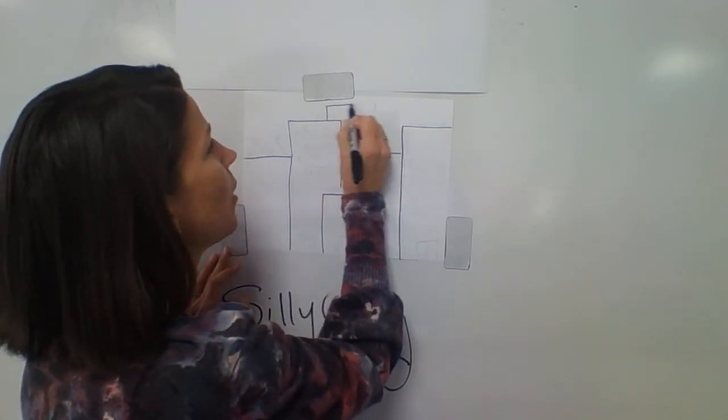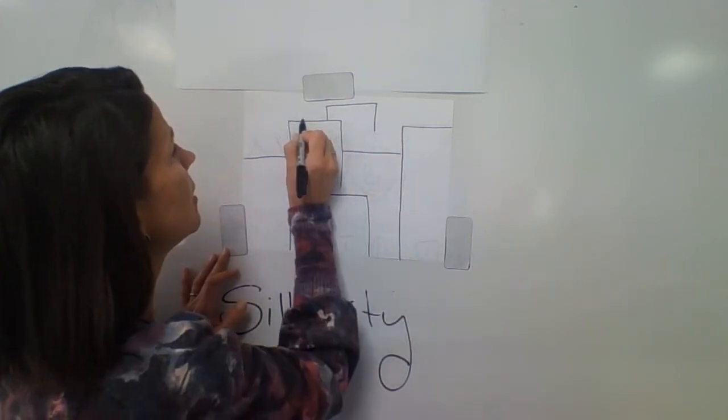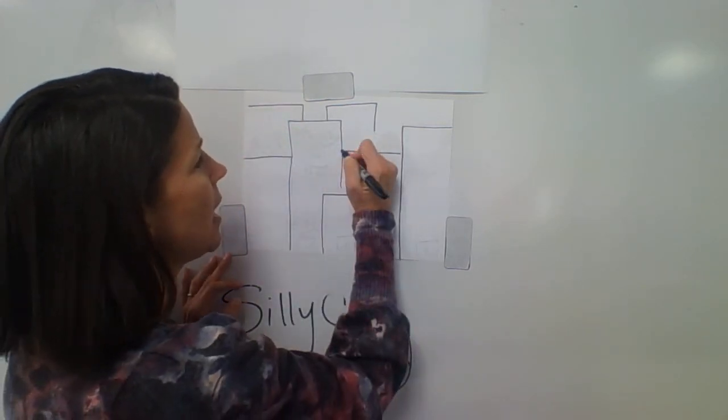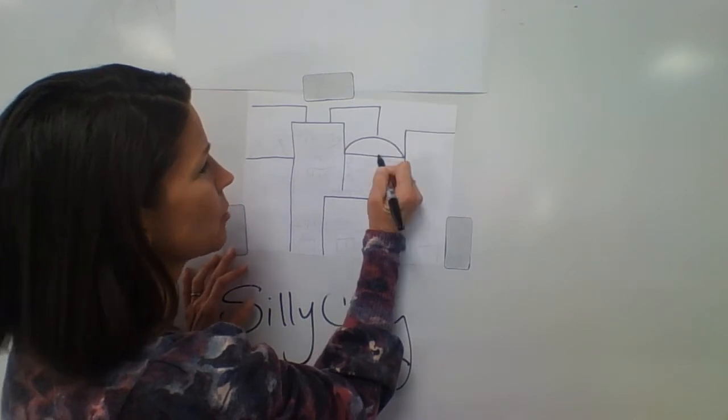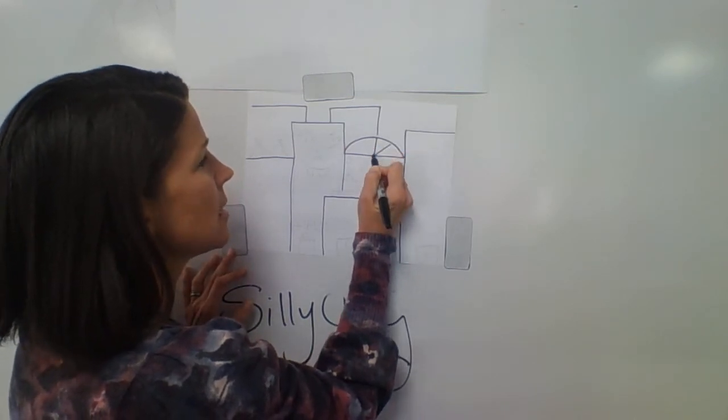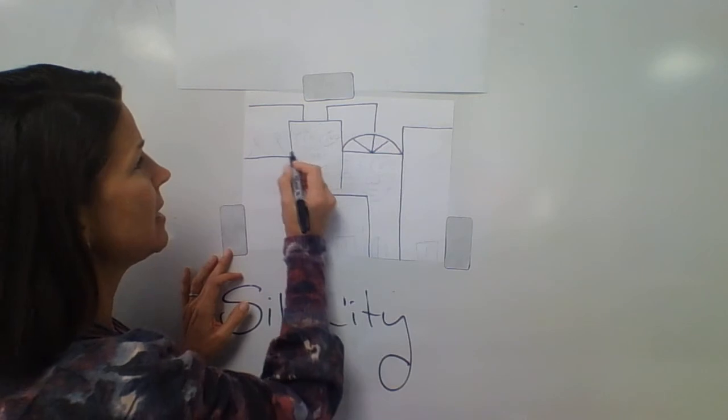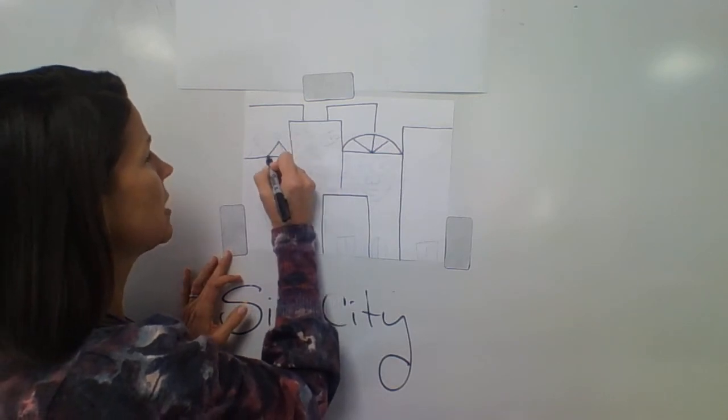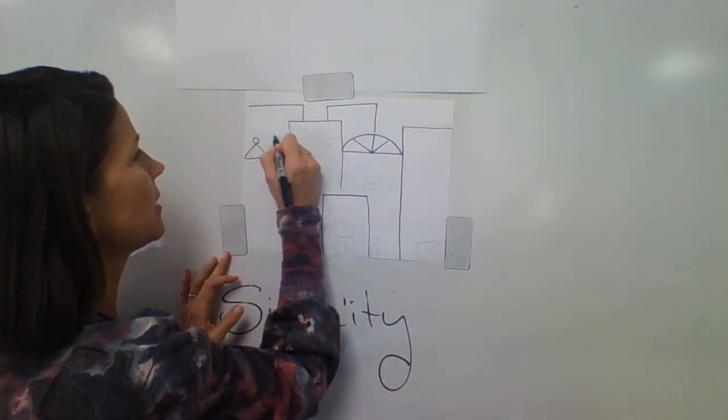I could do one in the way background, another one in the way background, and now I want to do some architectural details. That means some structures that make the buildings more interesting so they don't just look like regular rectangles.